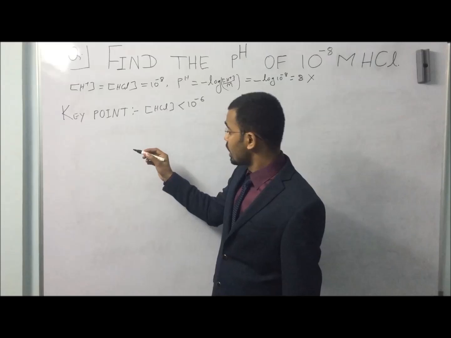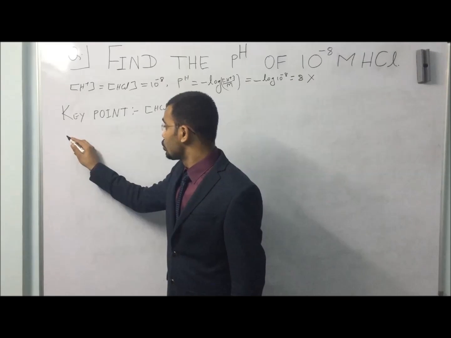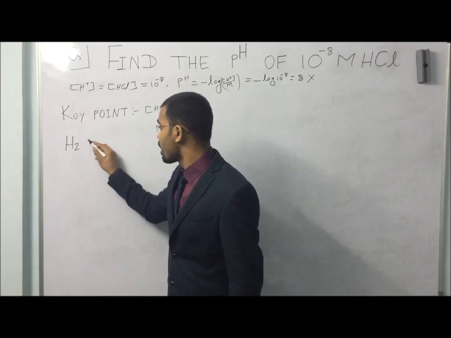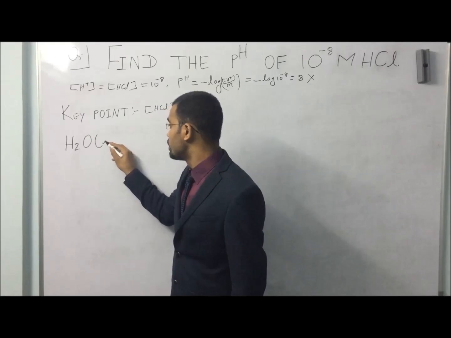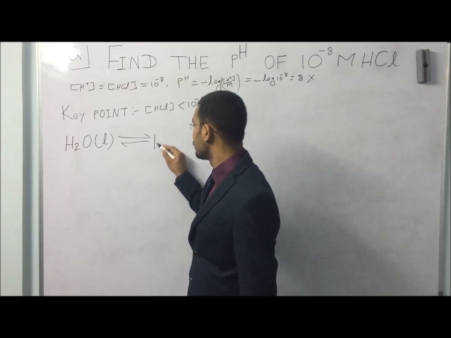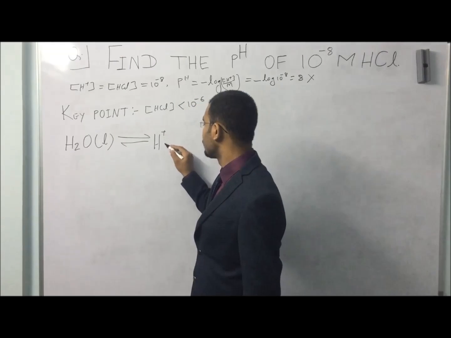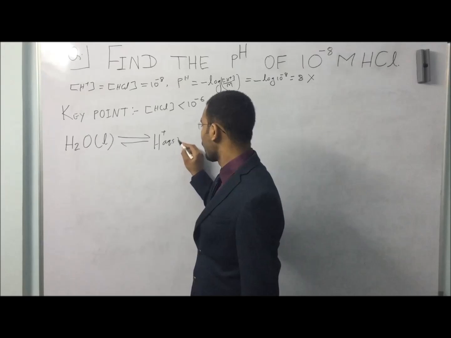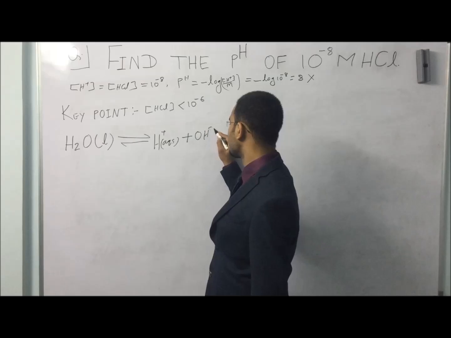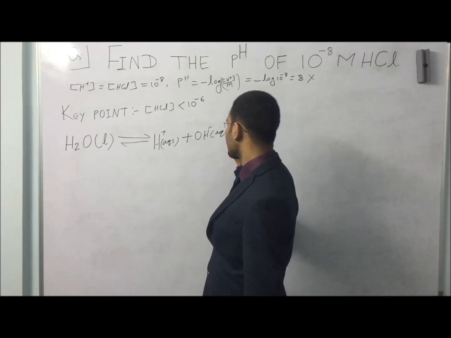Let us write down the dissociation reaction of water. So H2O liquid undergoing dissociation gives H plus aqueous plus OH minus aqueous.